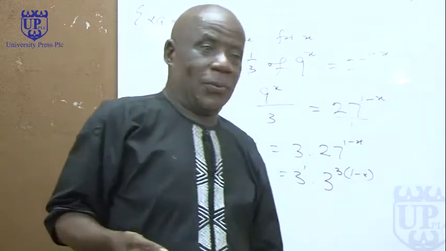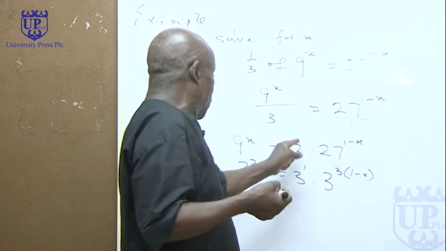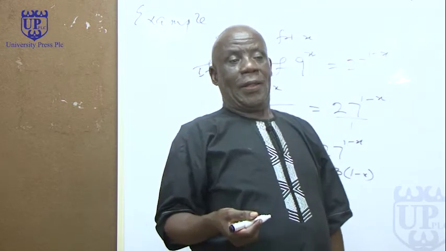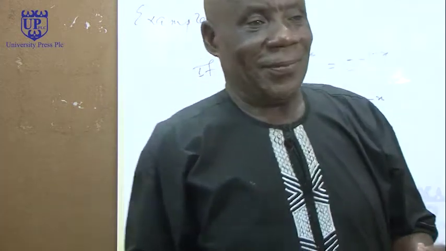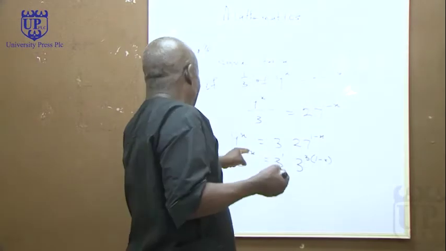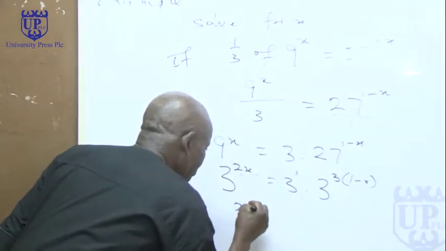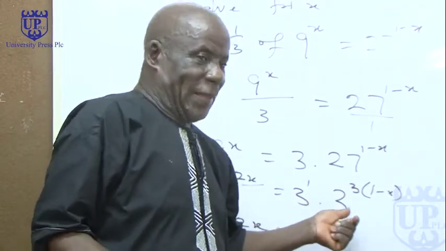The next step, we discovered that some of you normally say this one cancel this and cancel this. It is not allowed. The next stage is to equate the indices, equate the powers. Now here we have 2x. This is this multiplied by this.